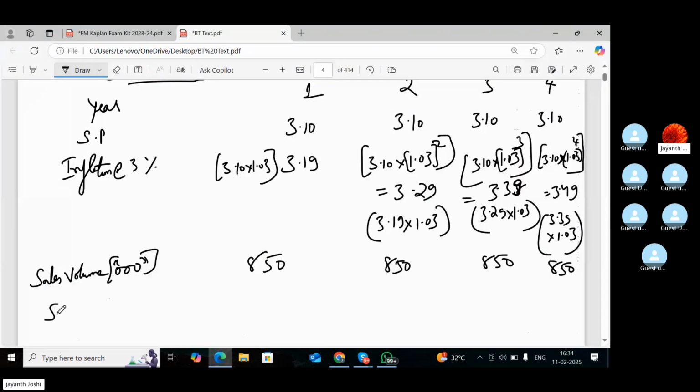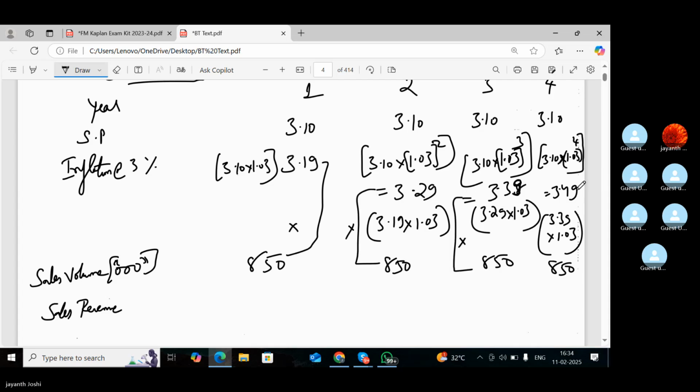Now sales revenue you can do, and you can multiply this and this. That means 850 into 3.19. This you can take, this you can take, this you can take, and this you can take.